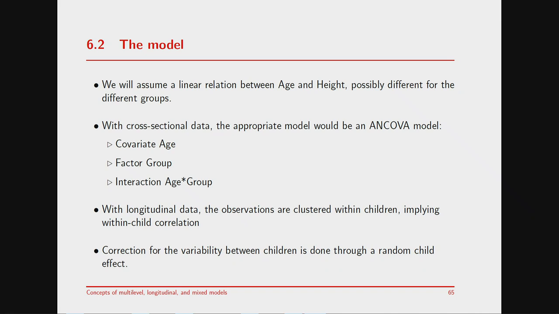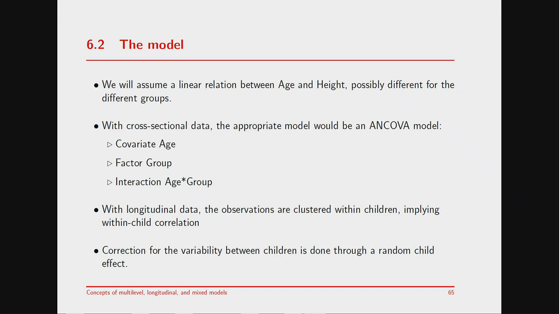So that would mean that you think of the data set as a data set where you have 20 children of age 6 measured, 20 other children at the age of 7 measured, and another 20 children at the age of 8 measured, and so on, and that would give you 100 different children, all with one observation.